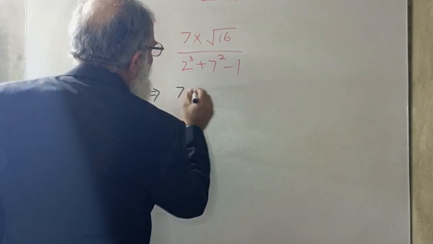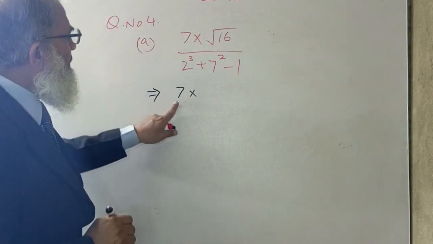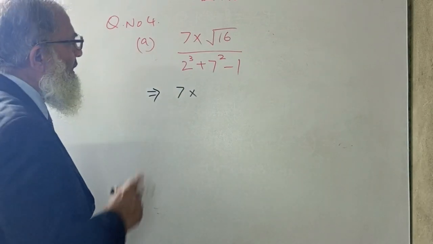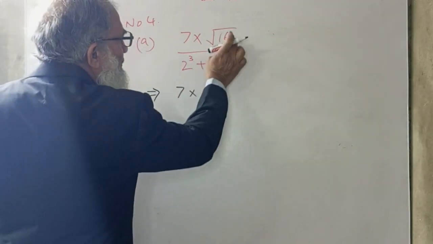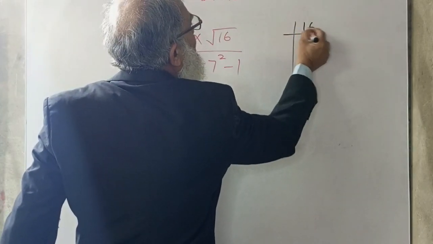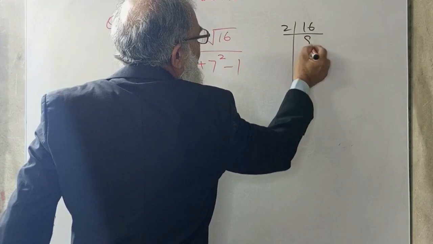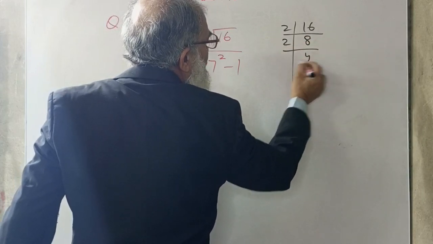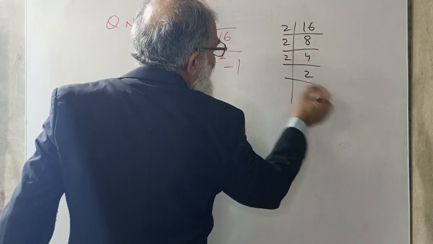So what will happen here? 7 multiplied, let it remain as it is. Now root of 16, you know how to solve this: 2 times 8 is 16, 2 times 2 times 2 times 2.